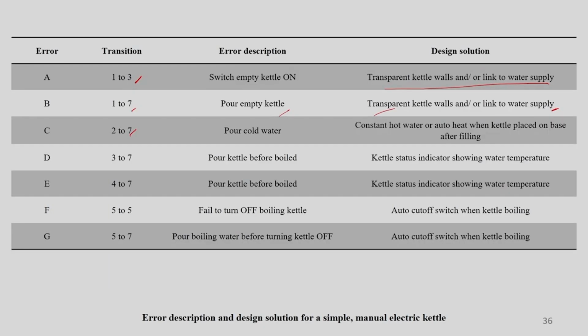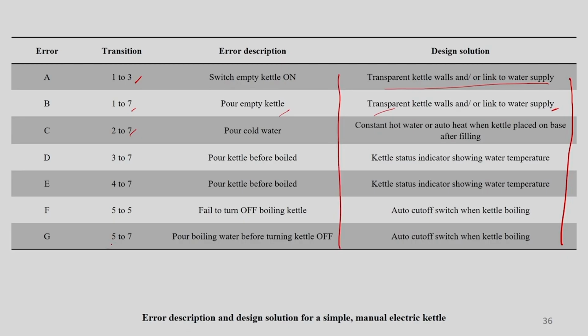So, what will happen, constant hot water or auto heat when the kettle is placed on the bottom. That way you can avoid it. So, these all are the varieties of design solutions for these possible errors.